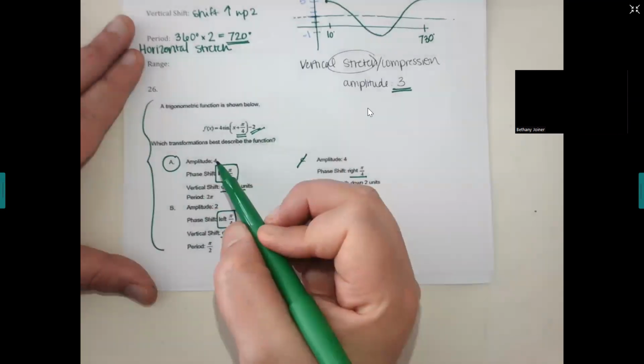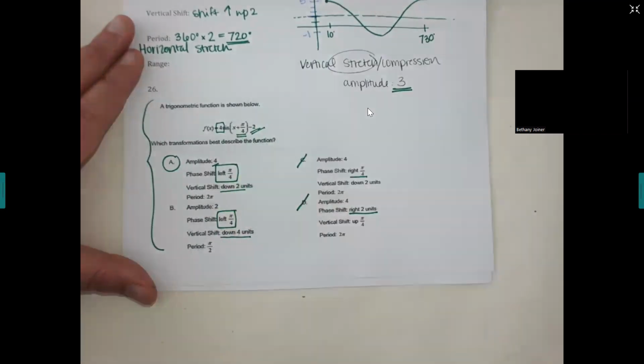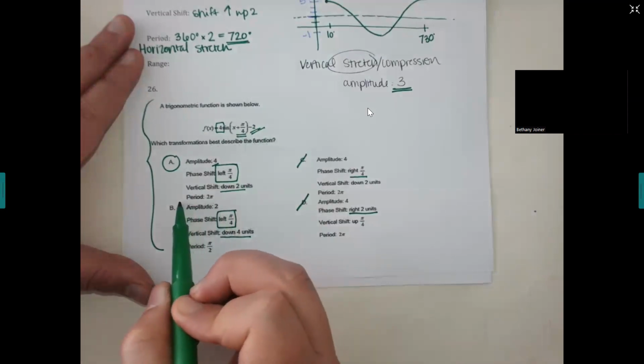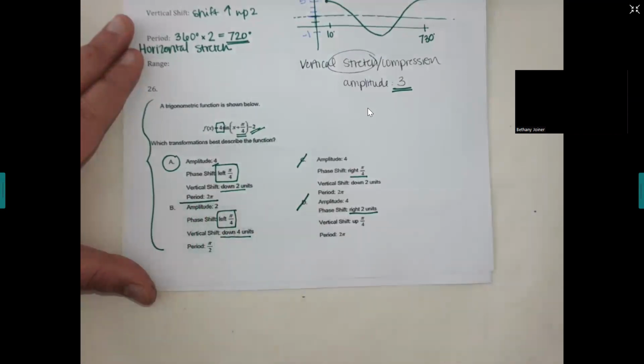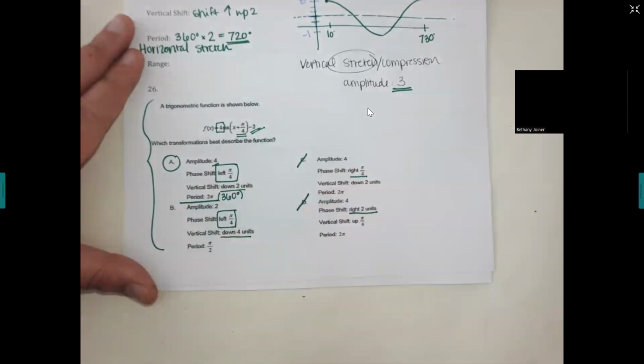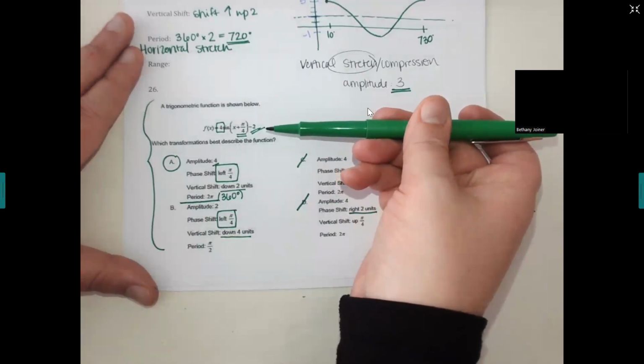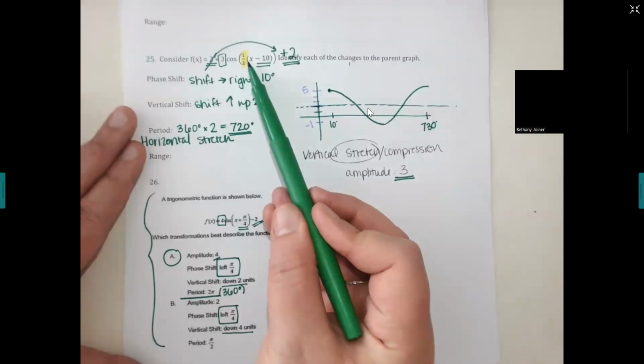Okay, then it says that my amplitude is 4. Remember, that's how tall the wave is in the front. And then the last part of this says that the period is 2 pi. But remember, that's the same as 360. And so if you look at this equation compared to the equation before it, do you see how you don't have this middle number?